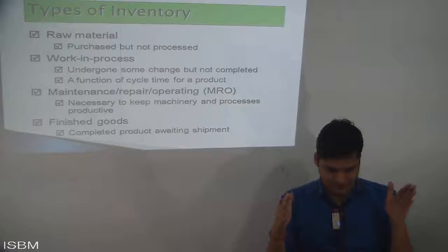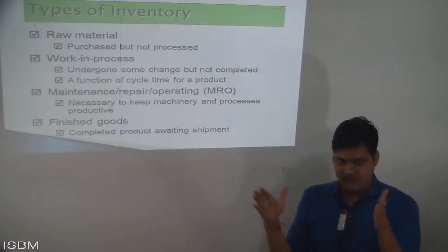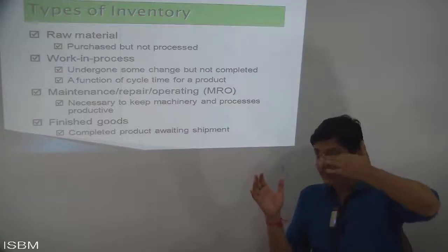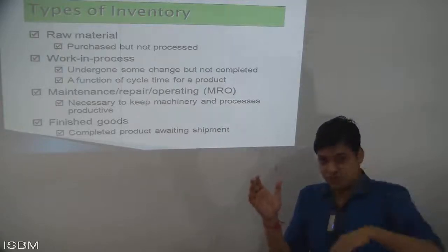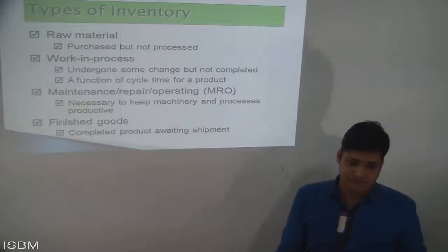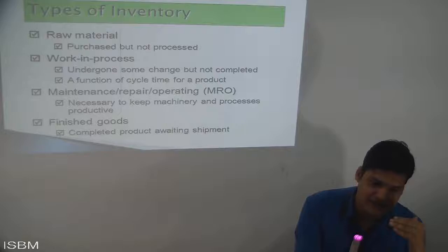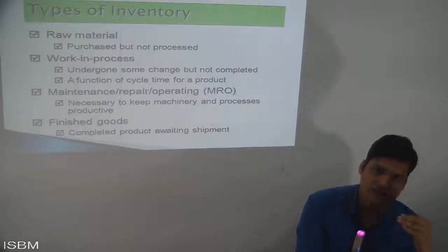Before shipment the finished good has to be at some particular place, which is nothing but inventory, and after shipment it will go to the sales department, or from logistics it goes to the customer's place. Now MRO, which is maintenance, repair, and operating, has a lot of instruments.